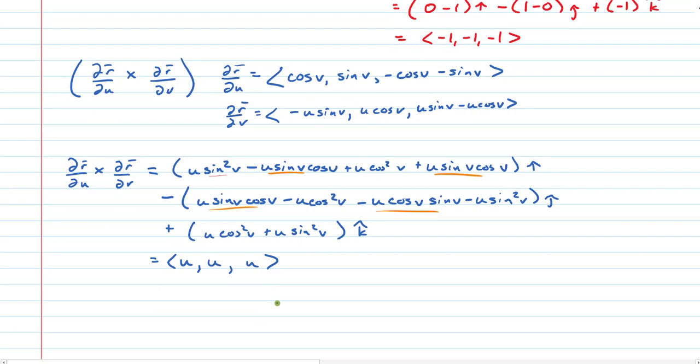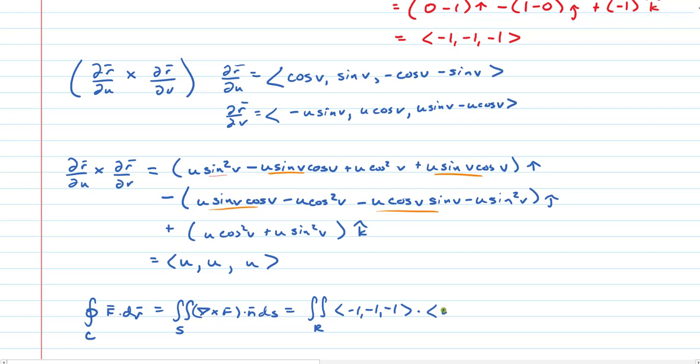What this means then is that our original line integral, which we said is the same thing as evaluating a surface integral, specifically a flux surface integral, we can now evaluate, based on this parameterization of it, as the double integral over R of the curl, which is this computation here, dotted with the normal vector everywhere to this surface, which is just u, dA.